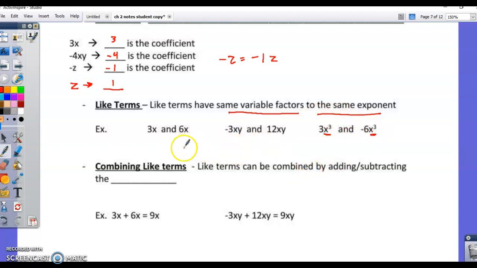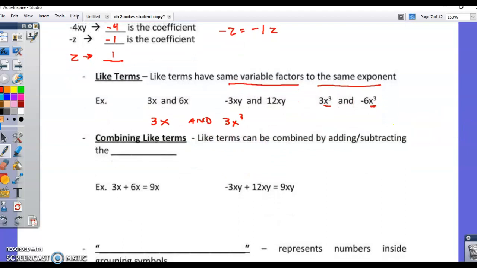If I have a counterexample, 3x and 3x to the third, these would not be like terms because this x is not to the third power, or this one has an exponent. So like terms have to have the same stuff basically after the coefficient to be considered alike, which includes the exponents.